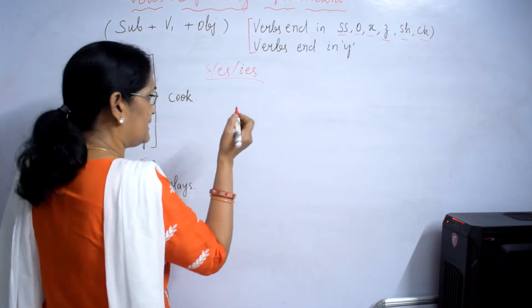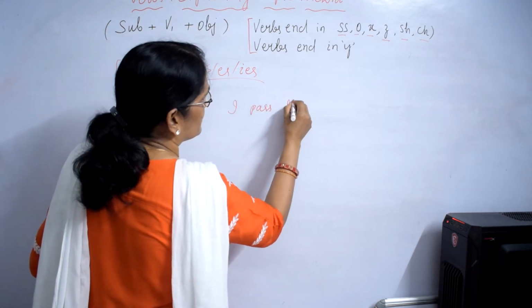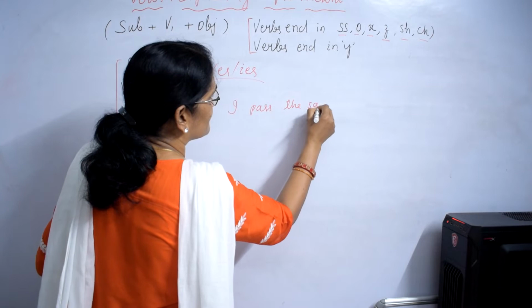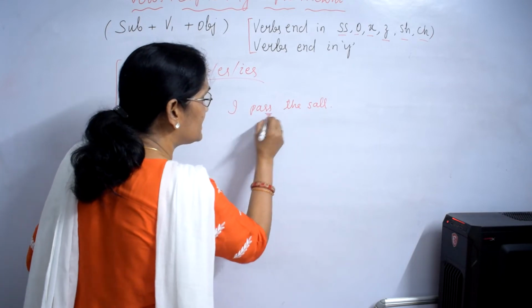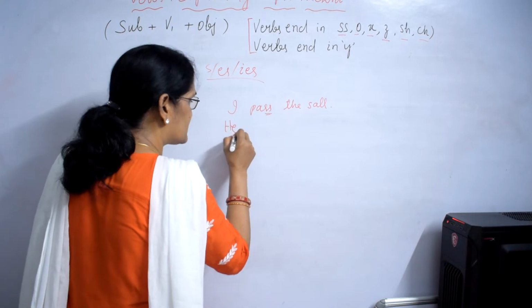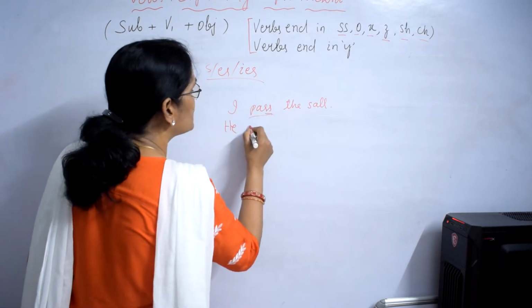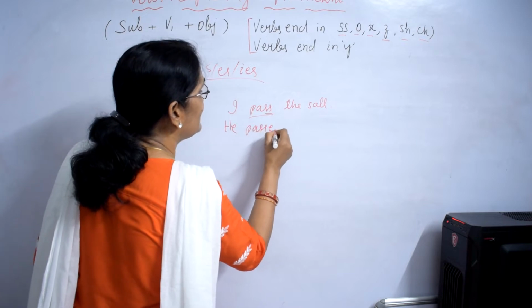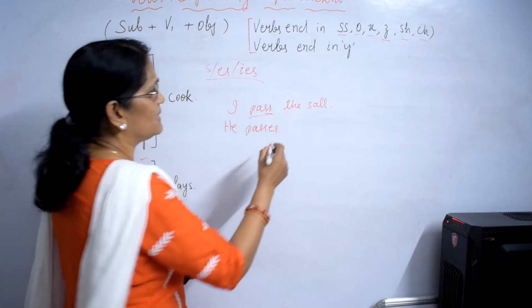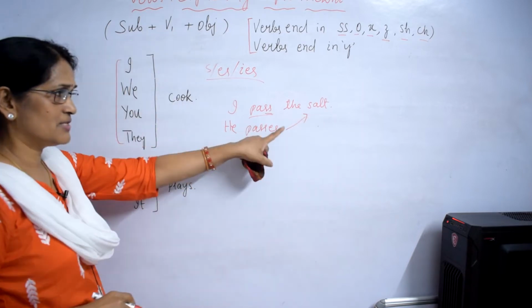For example, I pass the salt. The verb ends in ss. If we change the subject to he, it will be passes. Es added. He passes the salt.